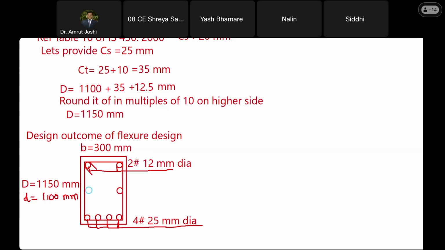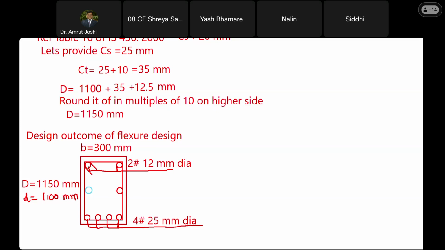Just now we saw the picture and you saw these side face bars running along the length of the beam, isn't it? Yes, sir. So what should be the diameter of these side face reinforcement bars? At how many locations do I have to provide it along the face? All that design is pending. So what is our next focus? Next focus is to decide the diameter of the stirrups, the spacing of the stirrups, that is shear reinforcement, and to design this side face reinforcement. Are you with me? Yes, sir. That will complete the design of the beam.